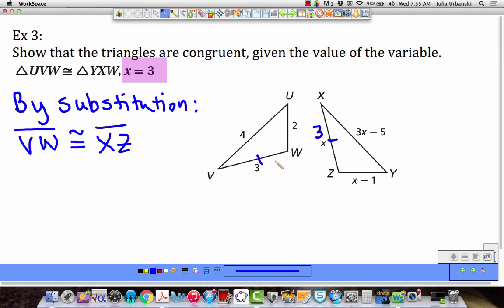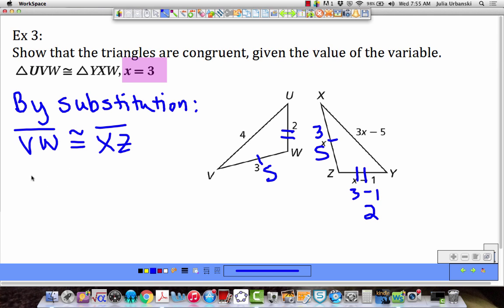That's all just by substitution. We made it so that 3 would equal 3. That represents a side. What would this side equal? That's right. That's what it would be congruent to. Oops, sorry. It's 1. 3 minus 1, so it does equal 2. And that would make this side equal to UW. That's right.